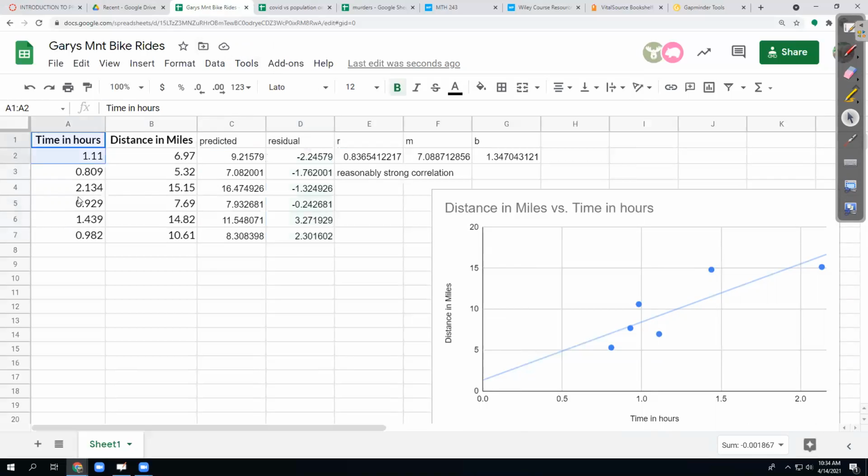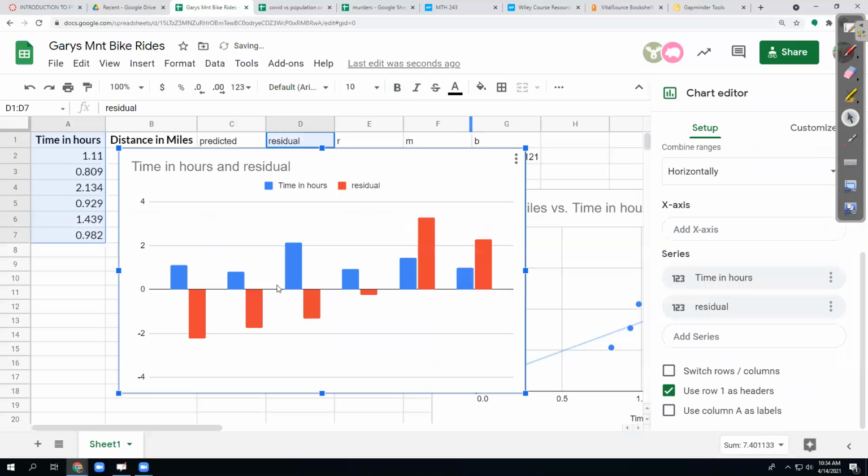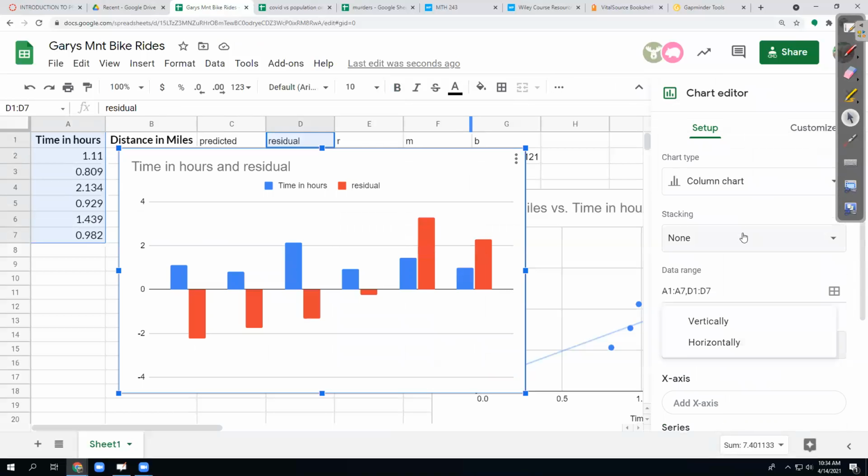So if I graph the times versus the residuals, I'm hoping to see just this little chaotic graph. There's not supposed to be much of a pattern here. And I really should do a scatter plot.